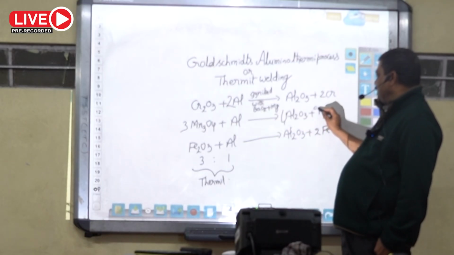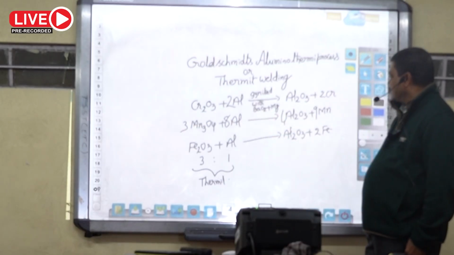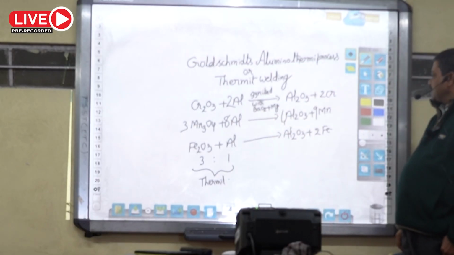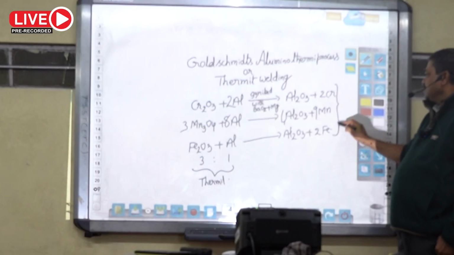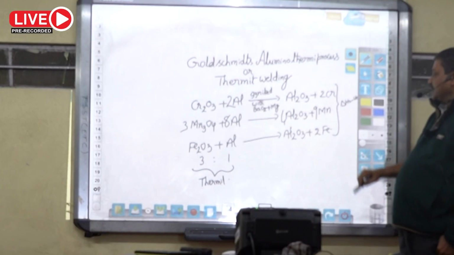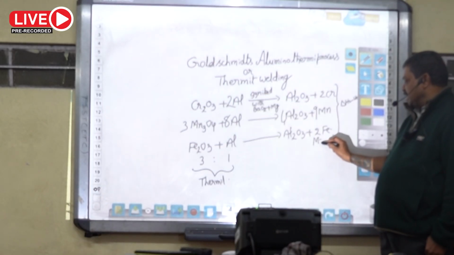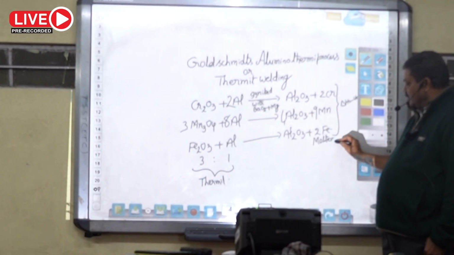Then I have to write 9 manganese, 8 aluminiums. In all these reactions, delta H is negative, highly exothermic. The metal will be in the molten state. Molten metals are obtained.